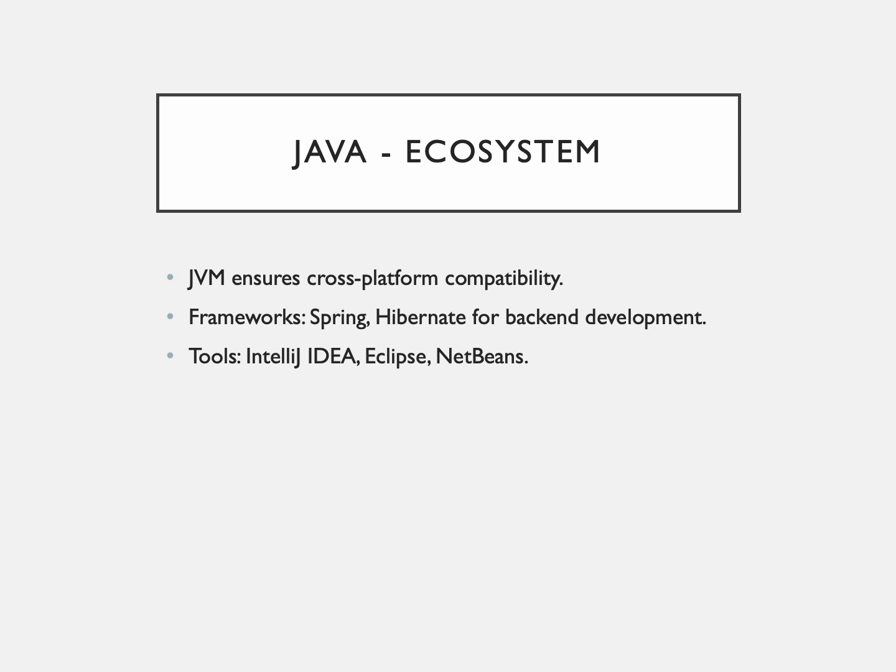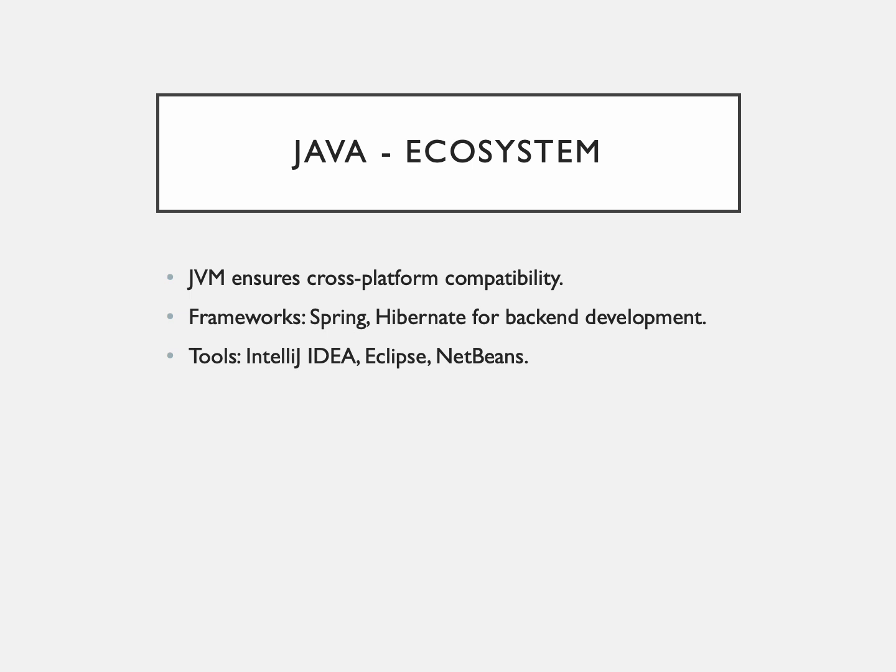For instance, you can write a program on a Windows machine and run it on a Linux server or a Mac without changing the code. The write once, run anywhere capability has made Java a dominant choice for cross platform applications.